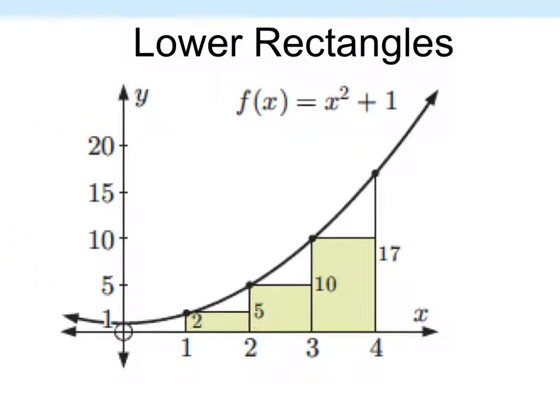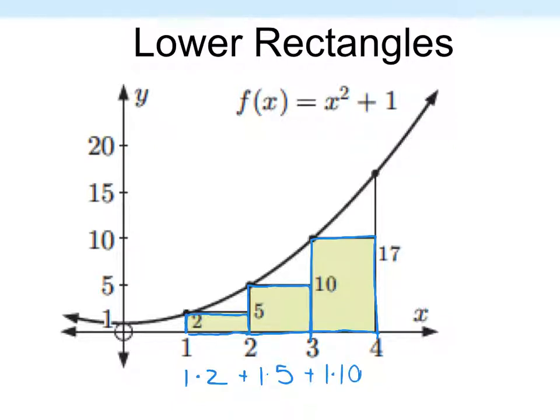Here, if we're doing the lower rectangles, you can see, because it's increasing, it's going to hit it on the left-hand side. So this first rectangle is 1 times 2. And the second rectangle is 1 times 5. And the third rectangle is 1 times 10.